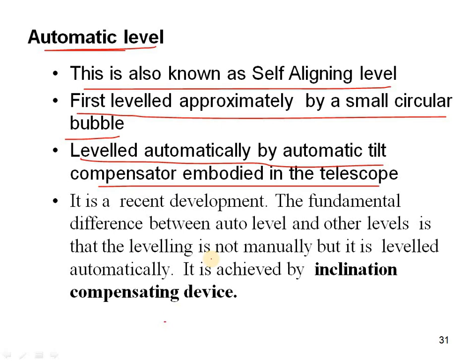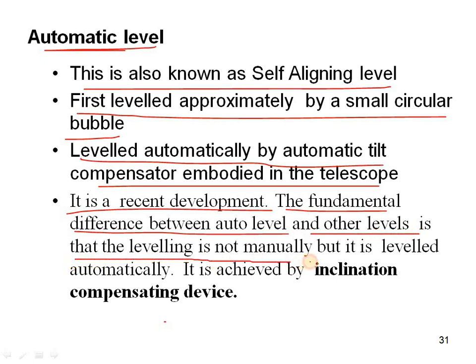And here it is a recent development. The fundamental difference between the auto level and the other levels, the dumpy level or Y level, is that the leveling is not done manually, it is leveled automatically.